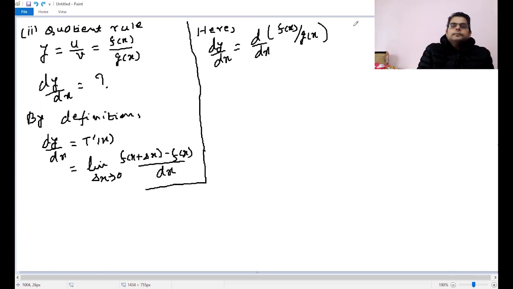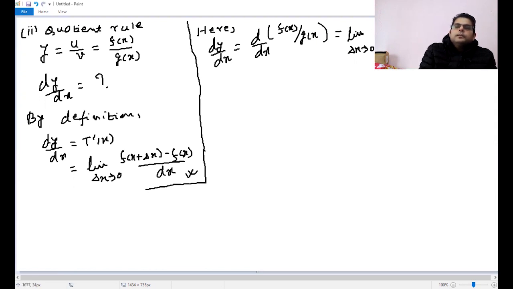You can say it is the limit delta x tends to 0, increment in x means what you can write here, f(x plus delta x), but we are also dividing by g, so we write here g(x plus delta x), and this is in place of f(x) only, but here in place of f(x) we have to write f(x) by g(x), so we write here f(x) by g(x), and the whole thing is going to be divided by delta x, you can see in this formula.